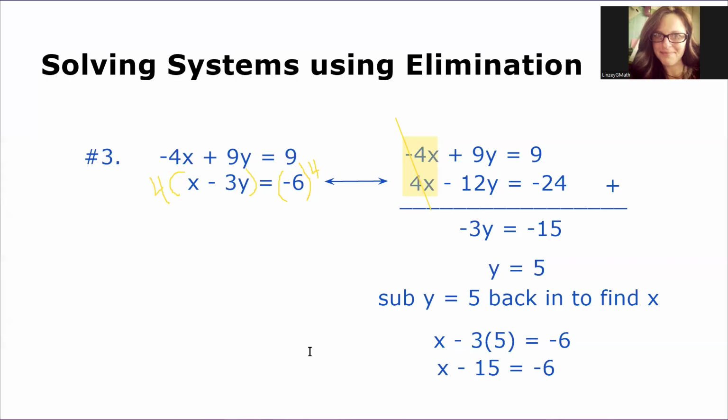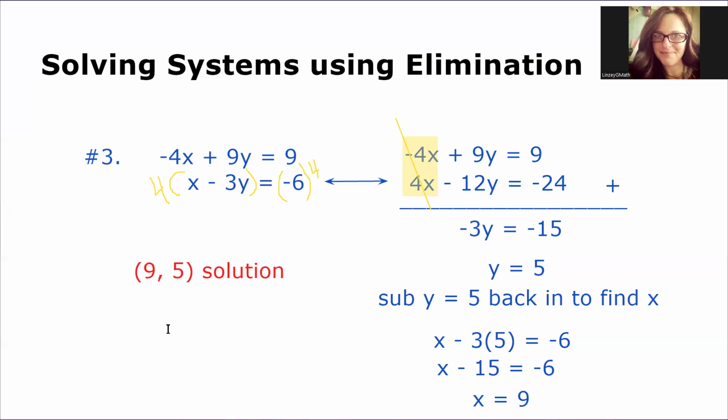And we'll add 15, negative 6 plus 15. And we have our x and y coordinates for our point of intersection. (9, 5) is the point where these two lines cross.